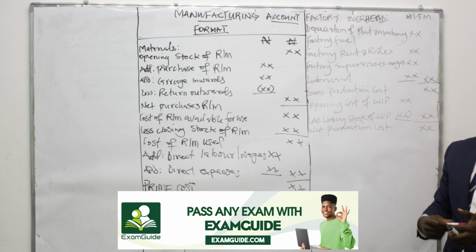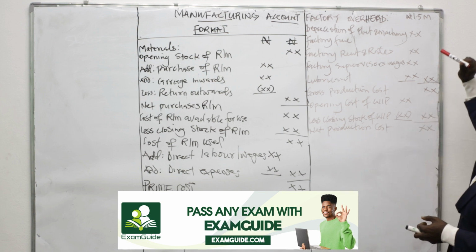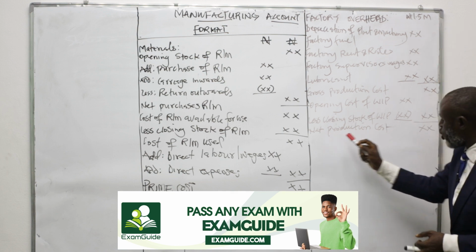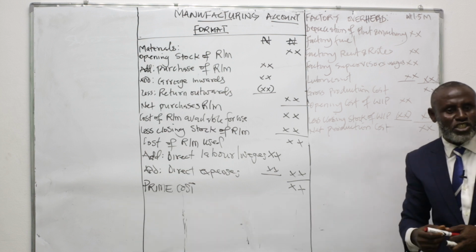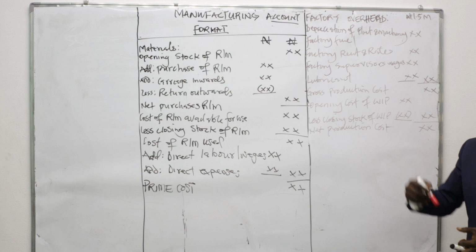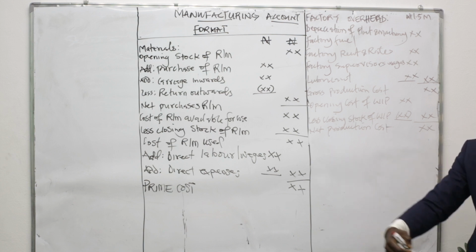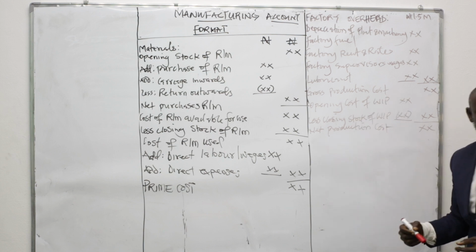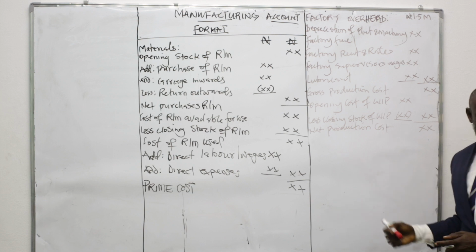That 10% is called a profit margin. So anytime you carry the profit margin and add it to the net production cost, what you get is what is known as the market value. The implication of that is that it will create a manufacturing gross profit, which would double your gross profit in the conventional profit and loss account.